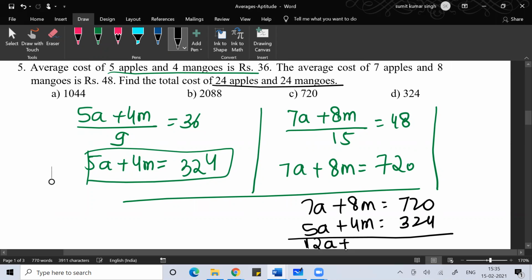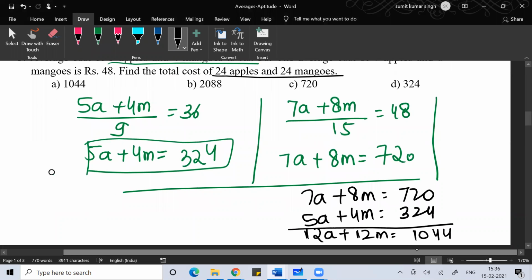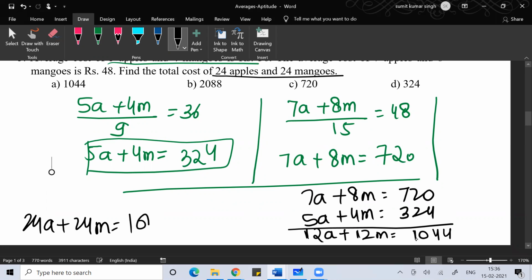So you can write 12a plus 12m is equal to 1044. In the question they're asking 24a plus 24m. So if this is 12, then 24a plus 24m will be 1044 times 2, that will be 2088. So option B is the answer.